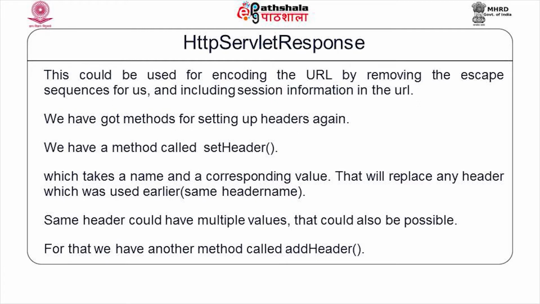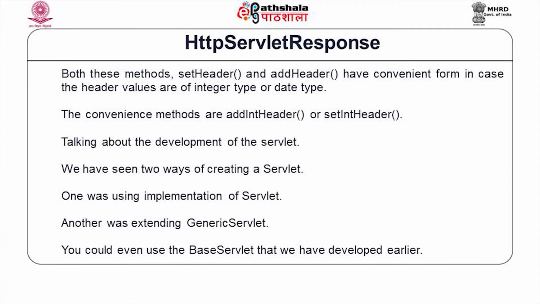Both of these, set header and add header, have convenient forms in case the header values are of integer type or date type. You have the convenience methods called add int header or set int header. Same way we have add date header and set date header.